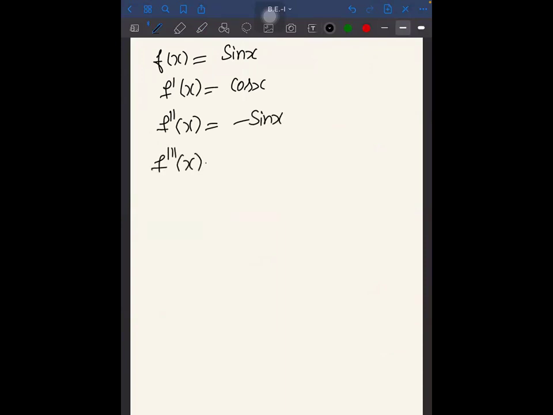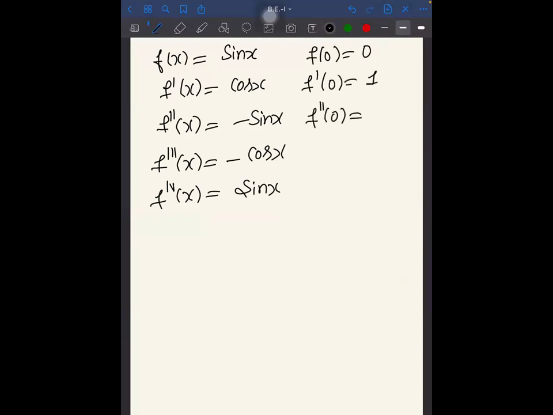Our f(x) is sin x, f'(x) is cos x, f''(x) is -sin x, f'''(x) is -cos x, the fourth derivative is sin x, and so on. That's what we do. f(0) is 0, f'(0) is 1, f''(0) is 0, f'''(0) is -1, and the fourth derivative at 0 is 0.